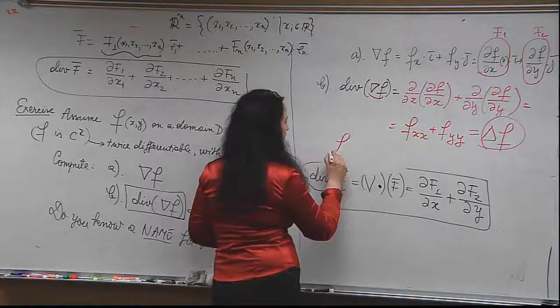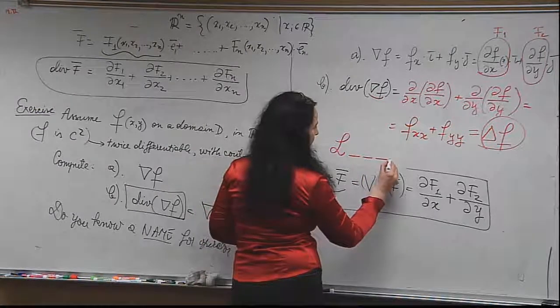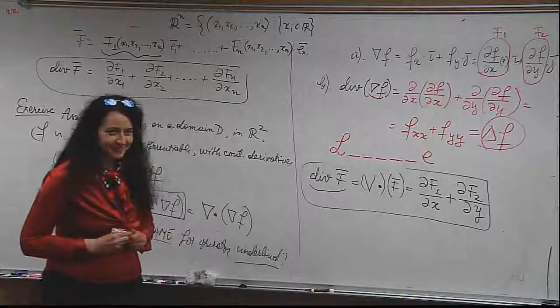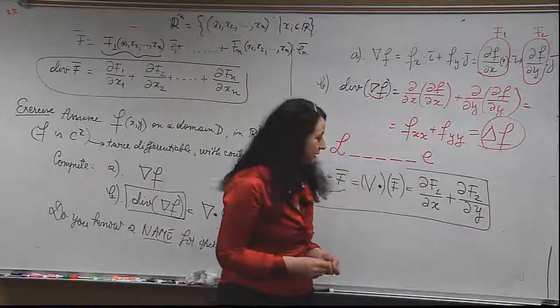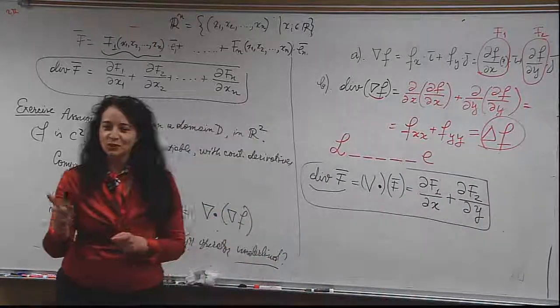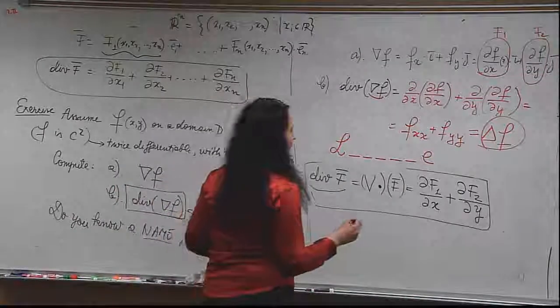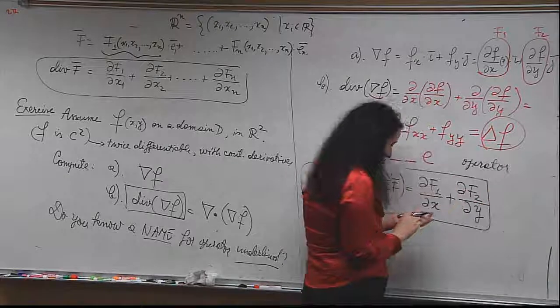It's a letter that starts with L, for 95 cents. We have 10 more minutes. Lagrange? No, you are getting close though, because what kind of operator is this? You're getting close, 95 cents.